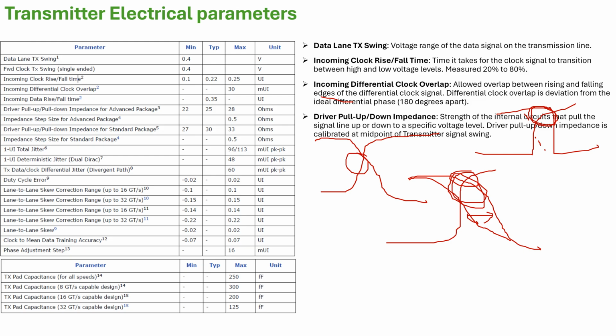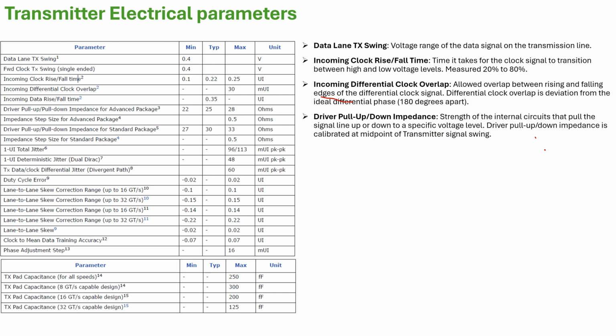And driver pull up and pull down impedance, generally, the strength of the internal circuits that pull the signal up or down at a specific level. Generally we have a pad, okay, but sometimes we need a weak pull up to some voltage, some VDD like that, right? To a specific voltage level.